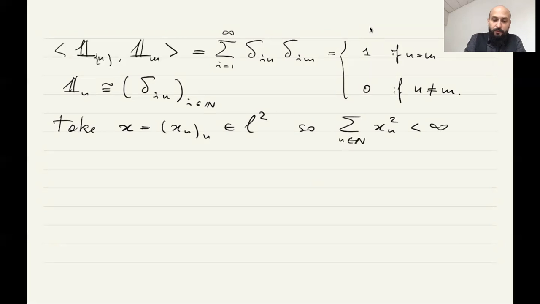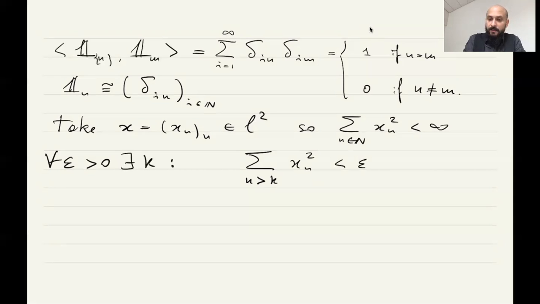Now, for any epsilon greater than 0, we know that if we sum over n greater than some k, the tail of this series, then this goes to 0 as k goes to infinity. So we can take some k such that this sum is less than epsilon. Very good.